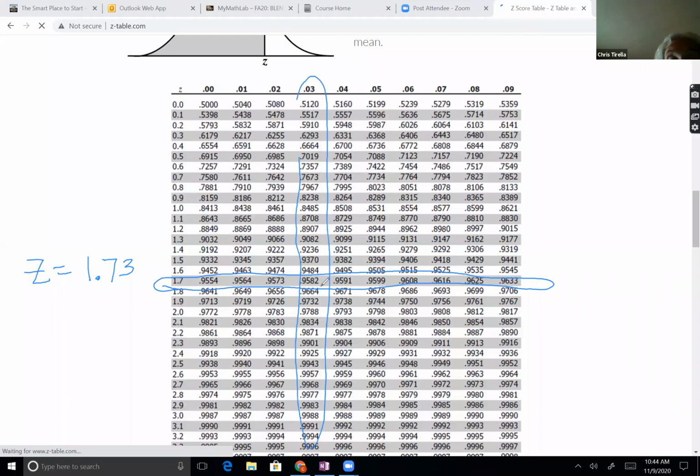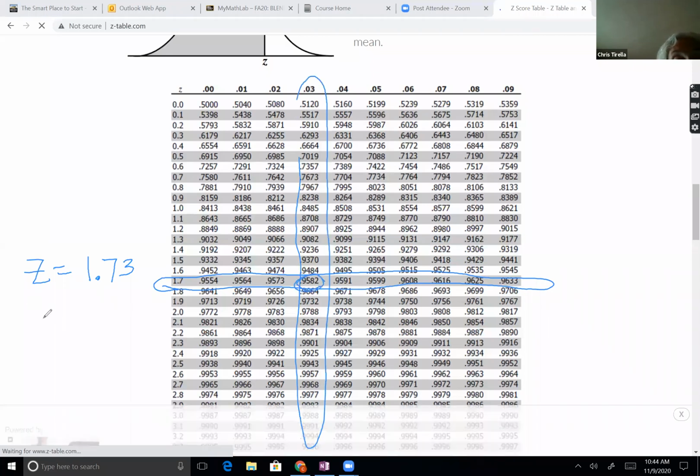And do you see how it would give me the decimal 0.9582, which means it would be 95.82%?